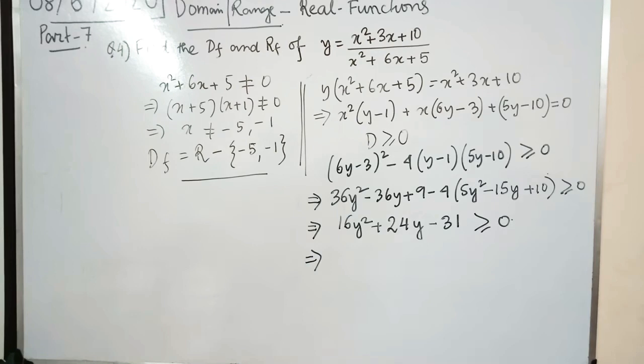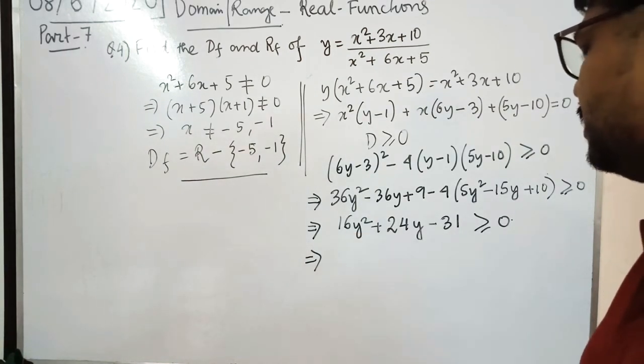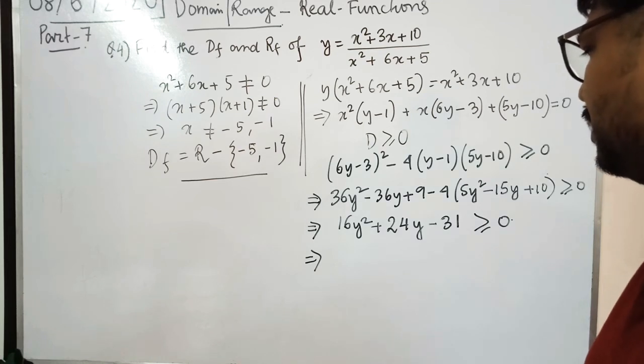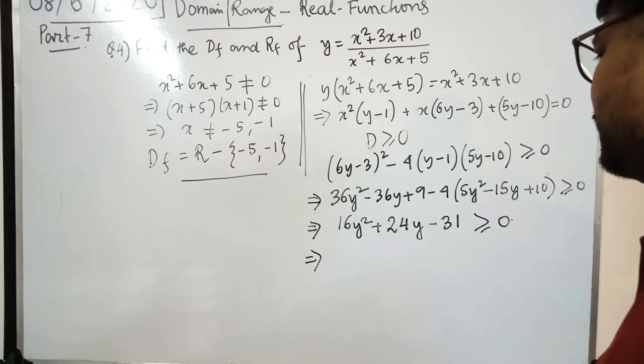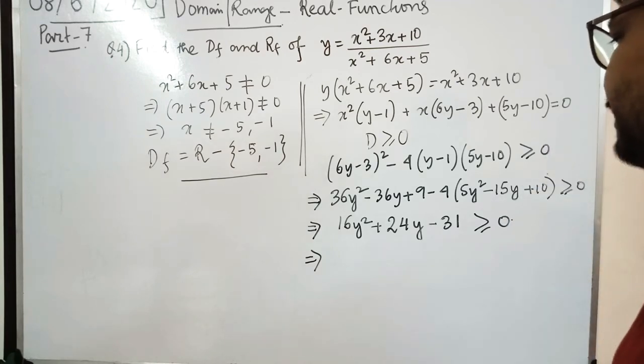So what I try to do, I have multiplied this thing and we got this. So another quadratic equation in y I got. So I have to solve this part. What is it? So let us do it by the method of completing square.